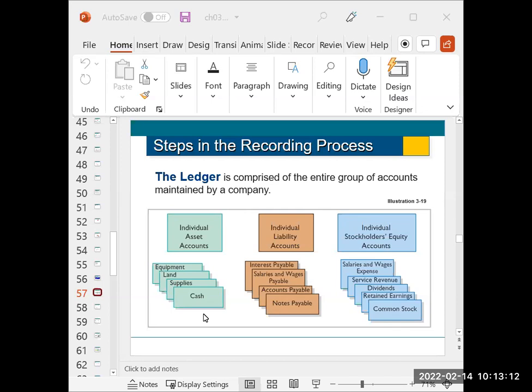Now in this class, you're going to see, for instance, accounts payable, accounts receivable, and notes payable. This is just an FYI, you don't need to remember this, but those are really called control accounts. If you looked at an accounts payable T account and you had bought from 17 different people, how would you know who you owed?